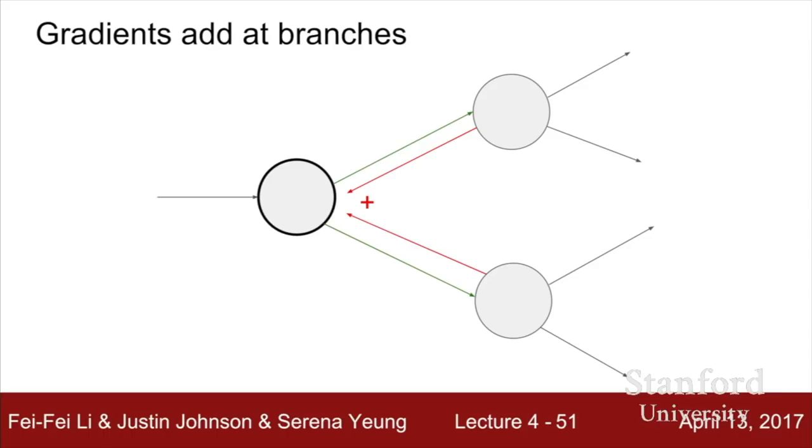Also, you can think about it this way: if you change this node a little bit, it's going to affect both of these connected nodes in the forward pass when you're making your forward pass through the graph. So when you're doing backprop, both of these gradients coming back are going to affect this node, and that's why we sum these up to be the total upstream gradient flowing back into this node.